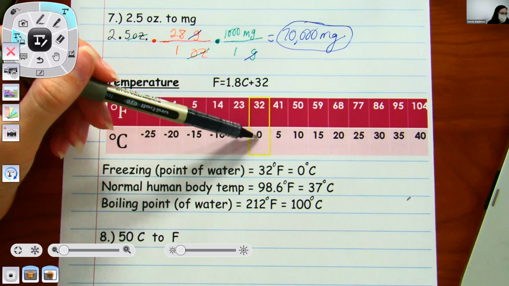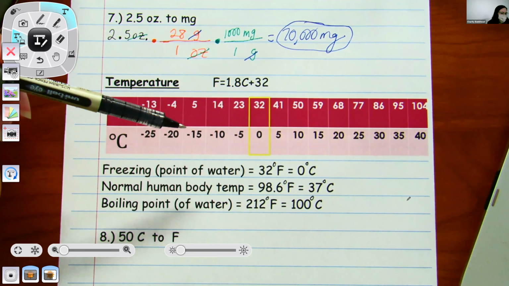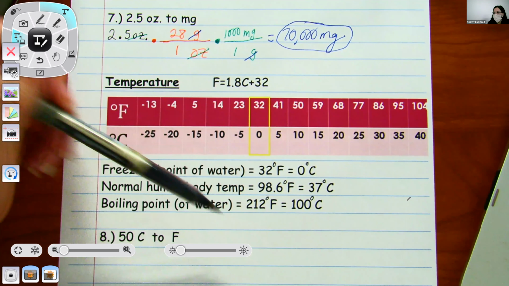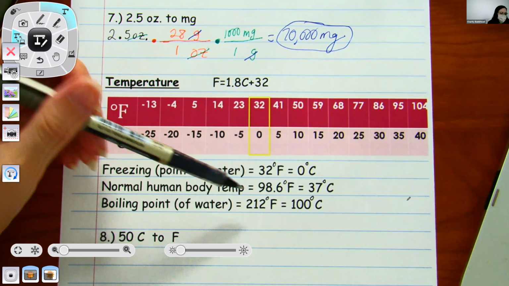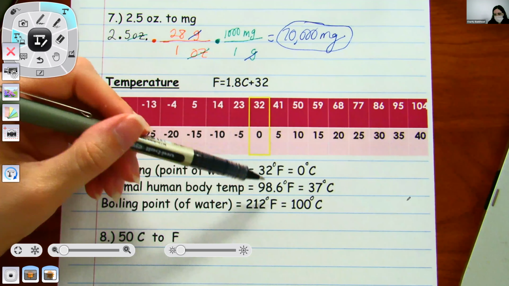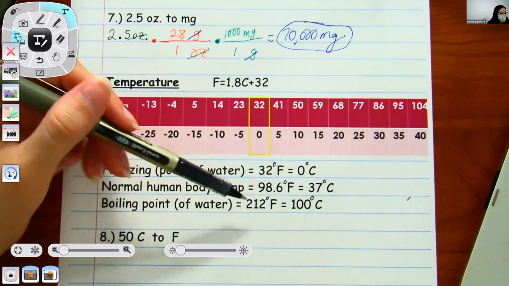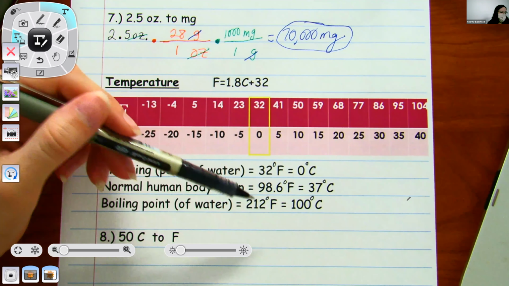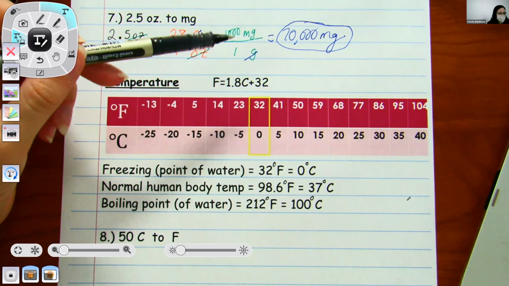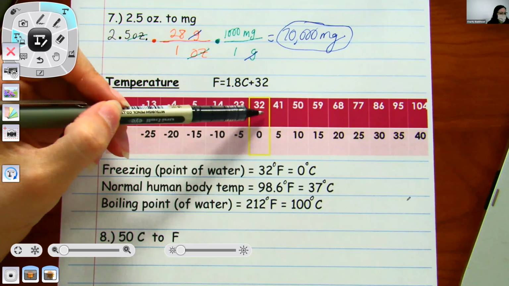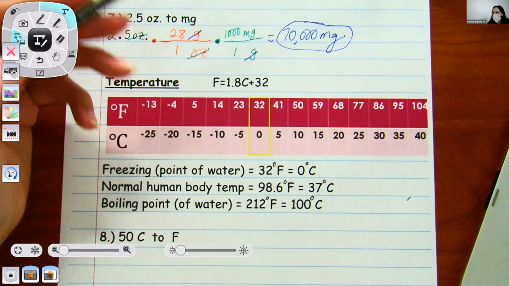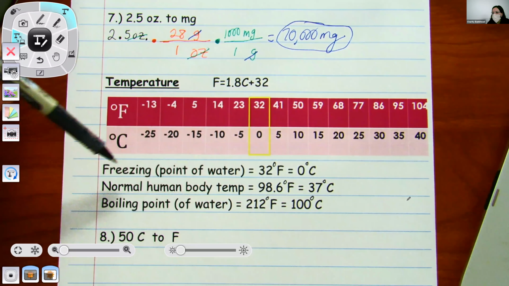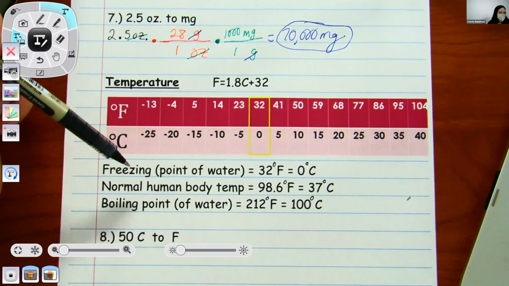The boiling point of water in Fahrenheit is 212, in Celsius that's 100. Normal body temperature in Fahrenheit is 98.6, and in Celsius, that's 37. Every time the Fahrenheit temperature goes up by 9, the Celsius temperature goes up by 5. You don't have to memorize this, but this gives you an idea of the comparison.